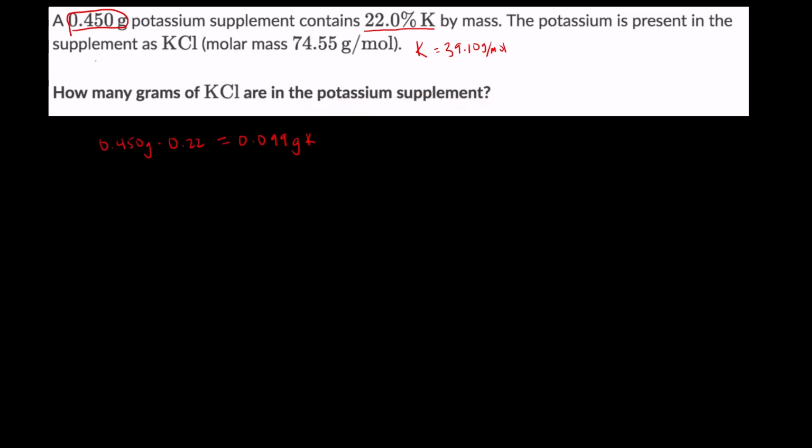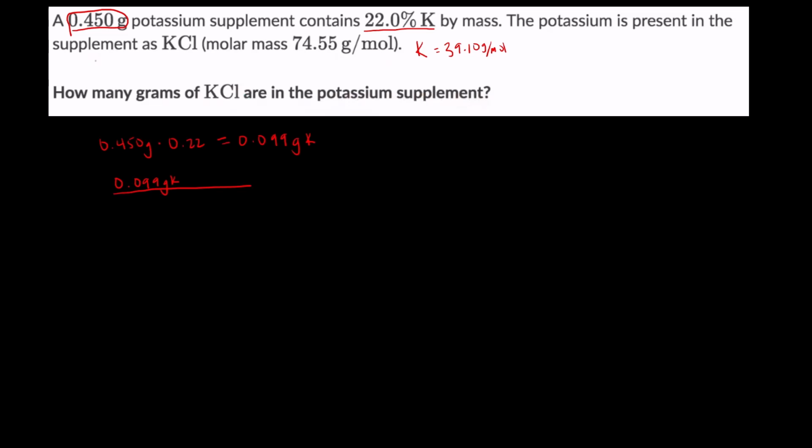Alright, so next we're going to convert exactly the same way. So we've been converting the mass of potassium into moles by dividing by its molar mass. So we have 0.099 grams of potassium.